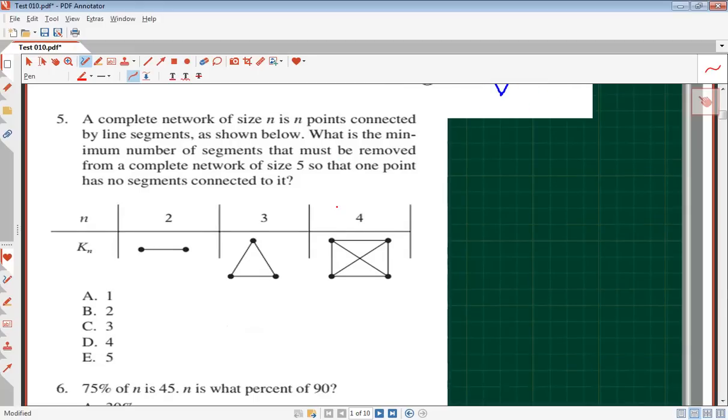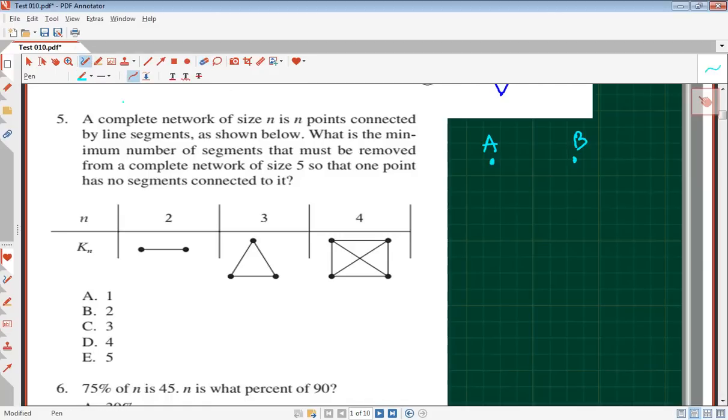We will try the first case, when we check a complete network of size number 2 with the point A and the point B. To isolate the point A, we just need to erase the segment AB. And that means with a complete network of size number 2, we need to remove just one segment.